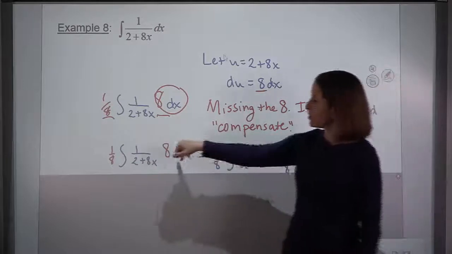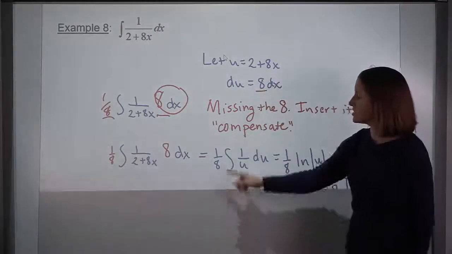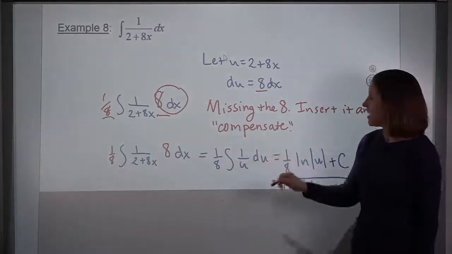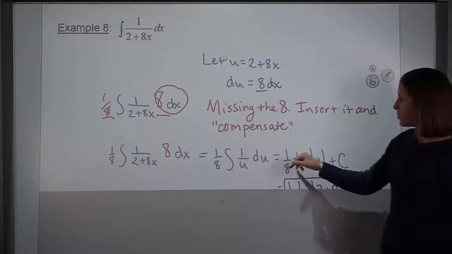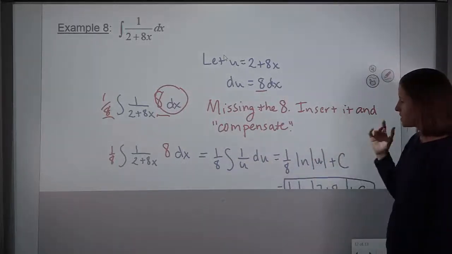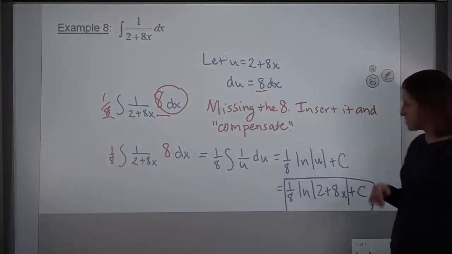So there I put in my 8, compensated on the outside with the 1/8. Now the 1/8 must stay, 1 over u du, and now that is something I know how to integrate. 1/8, the antiderivative of 1 over u is ln of u plus c, and then put it back into x's. So that's as bad as it can get.